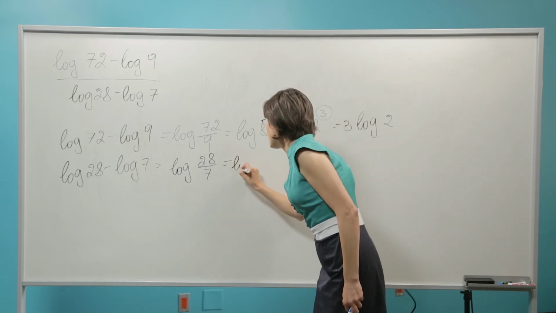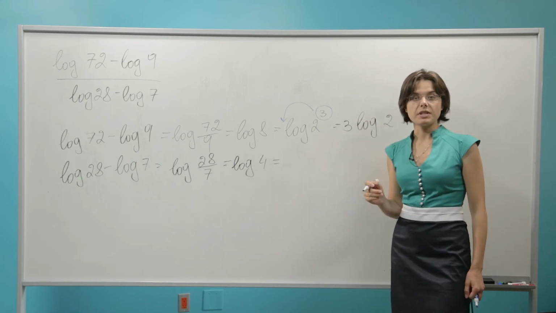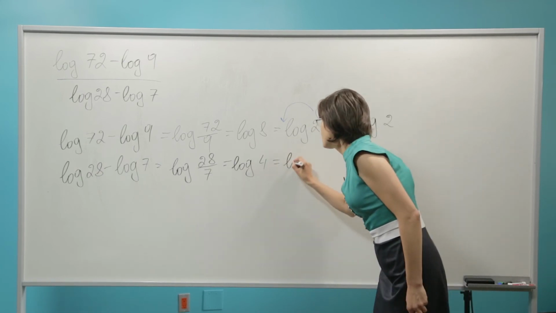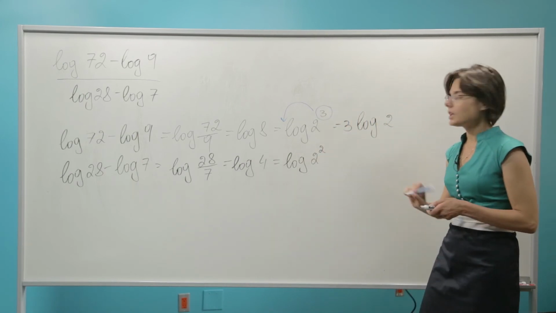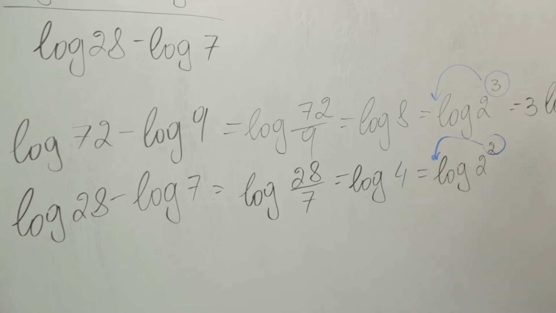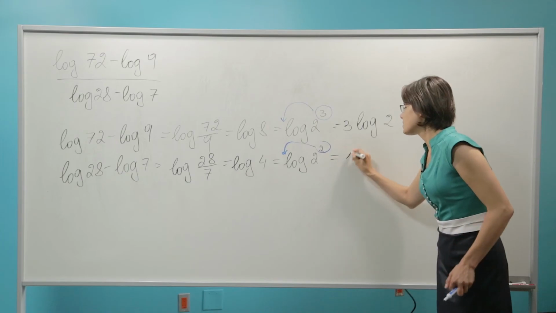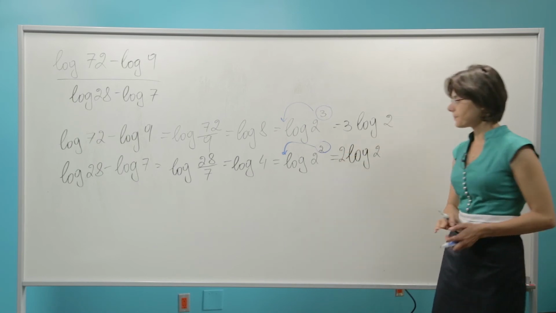It's the same as logarithm of 4. And now 4 I also can represent as a power of 2. So it's logarithm of 2 squared. And as before, the power can be brought outside of the logarithm. So it's the same as logarithm of 2 with 2 in front.